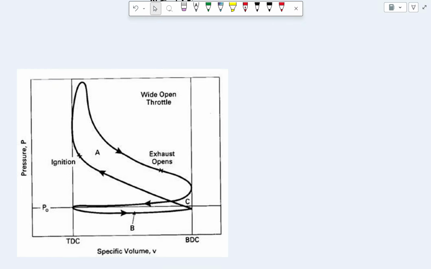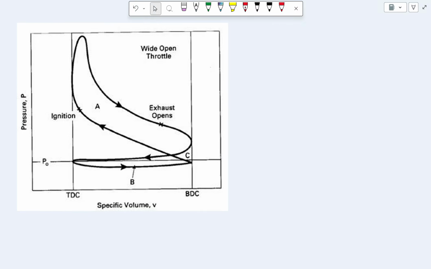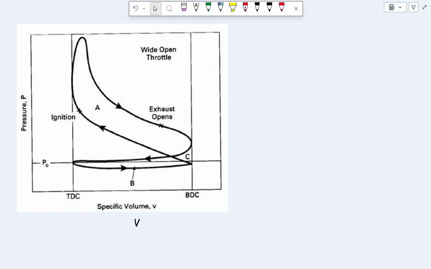Looking at this diagram, I've copied over a diagram that illustrates this pressure versus volume for an internal combustion engine, and we can see that we have pressure versus specific volume. At the bottom here, we could substitute specific volume with regular volume, which is capital V. So we have a lowercase v for specific volume and a capital V for total volume.